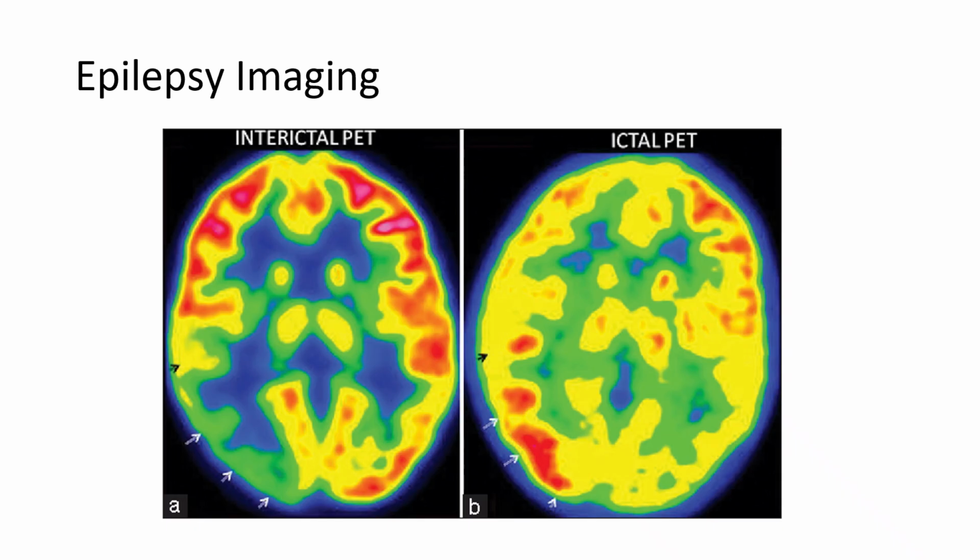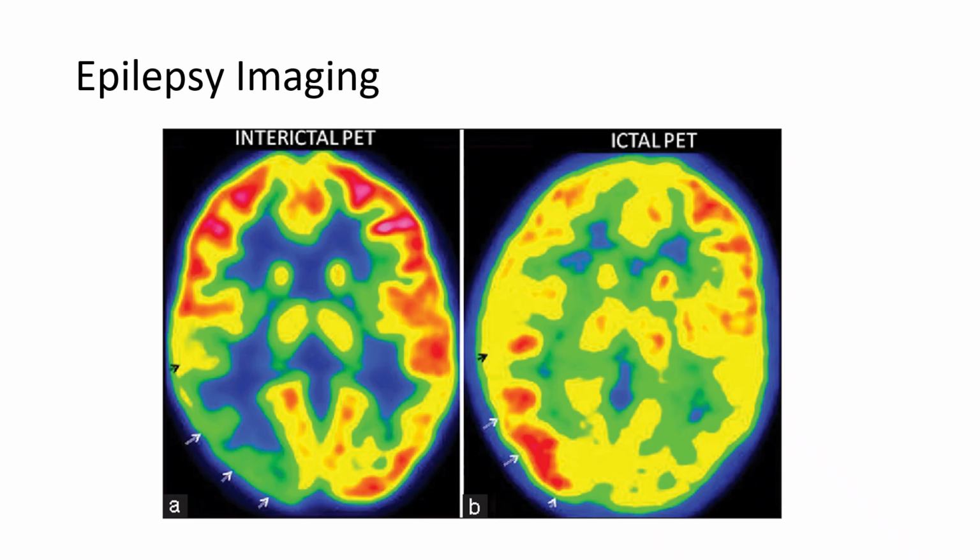And now we have epilepsy imaging. This is another one that can also be done with SPECT, but it has been replaced with PET where PET is available, just because you get a little bit better imaging quality with the PET. And one of the problems, though, is still the prep, the quiet, dimly lit room, all of that stuff.